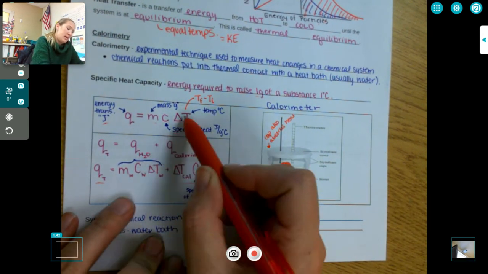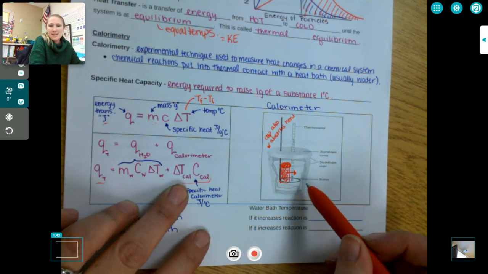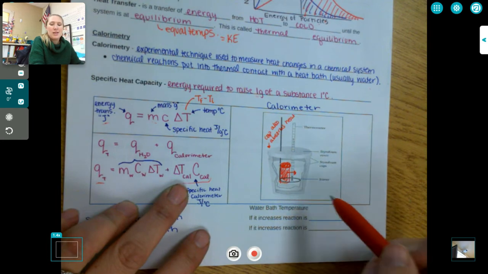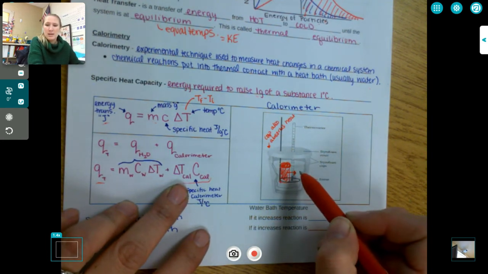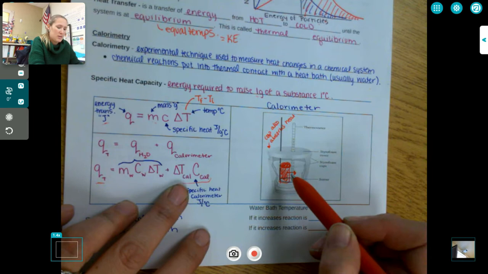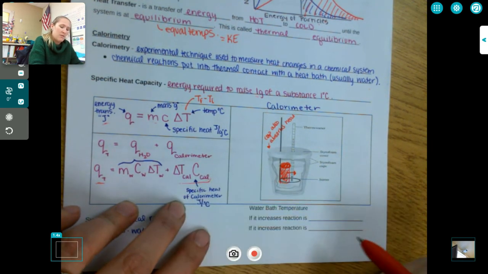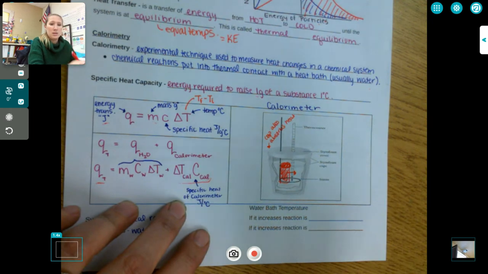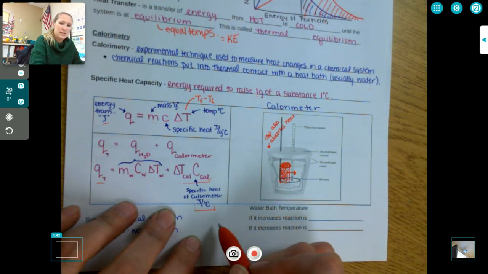So again, information about the water, still the same, MC delta T. But the mass of the calorimeter doesn't matter. It just matters the change in temperature that it experiences, which is the same change in temperature that the water would experience because it's at equilibrium together. They start at the same temperature, they end at the same temperature. And then we'd have to be given the specific heat of our calorimeter. Important to note that the specific heat of our calorimeter is given in joules per degree Celsius.